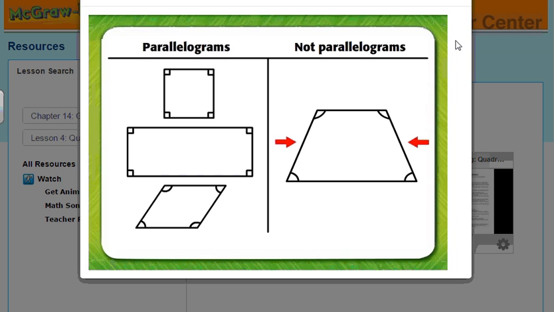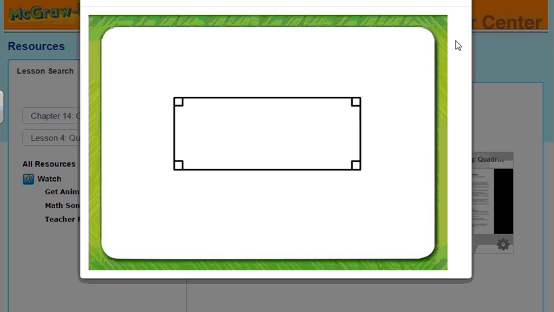These sides are not parallel. Let's use what we have learned to describe and identify this quadrilateral by its sides. The opposite sides of this quadrilateral are the same length and are parallel. So it is a rectangle. It is also a parallelogram.